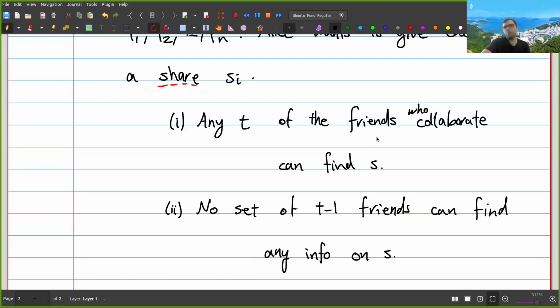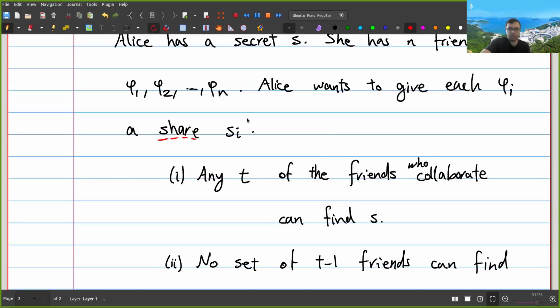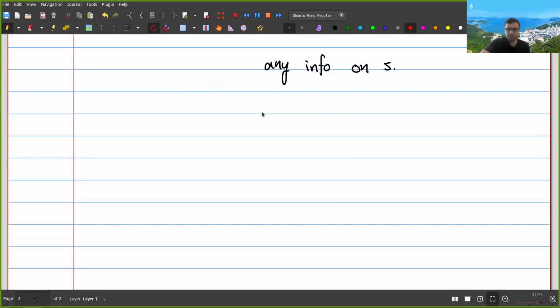Now, how do you do something like this? I'm going to show you something called Shamir's secret sharing. It's named after its inventor, Shamir. And this is actually based on polynomials. So it's a very clever idea and also a very simple idea. So suppose that I have a polynomial. Let's say I have a polynomial of degree k.